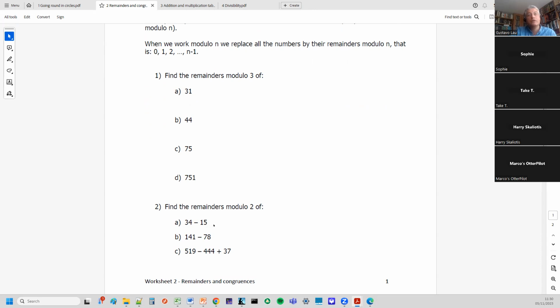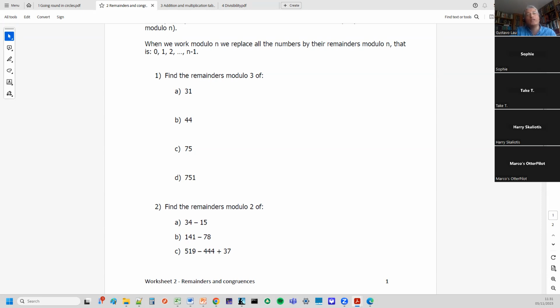Sophie, the first one. This is modulo 2. The first one is 0. This is even and this is odd. Sorry, it's 1. Take, the second. 1 minus 0, which is 1. Okay, Nicole, I promise that next time I'm going to do another order because you are always getting the hardest.